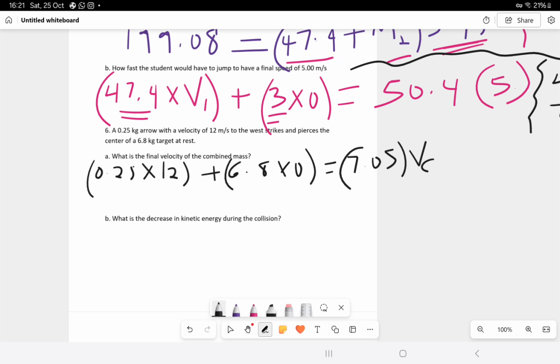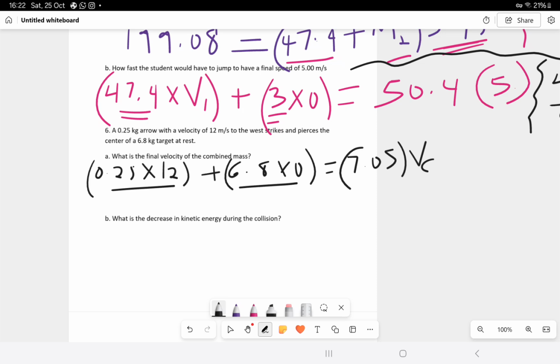Now we need VC. This one will be 0. This one here, let me do it very fast, 0.25 multiplied by 12, and you get 3.